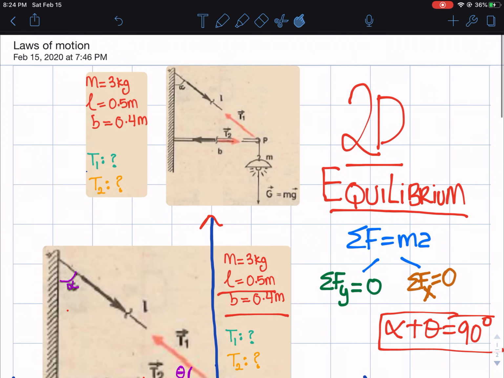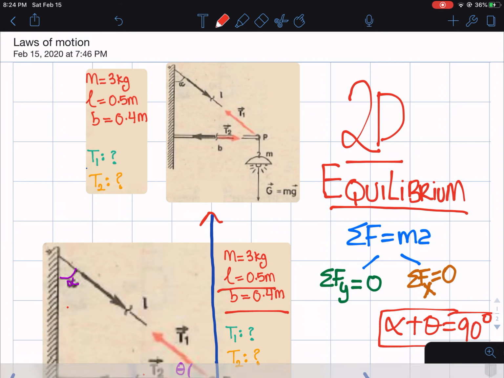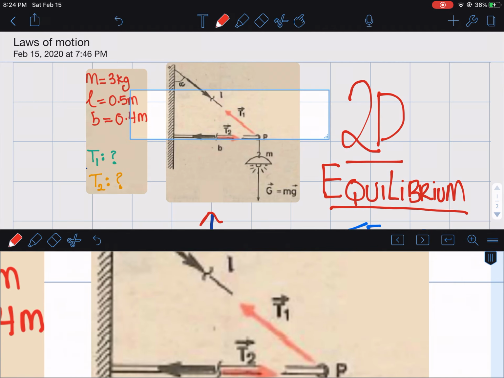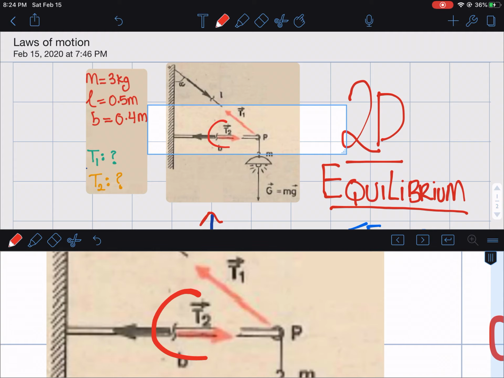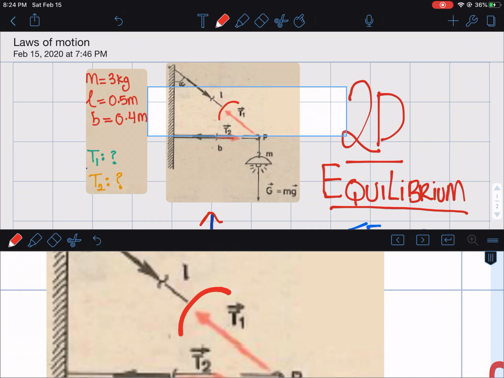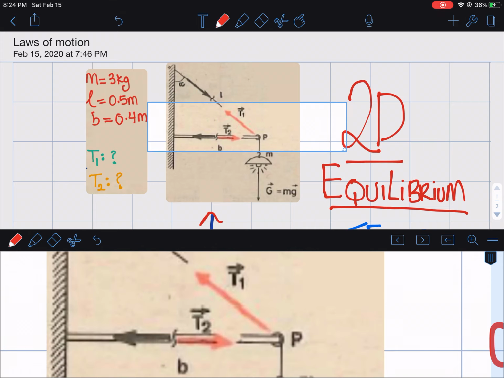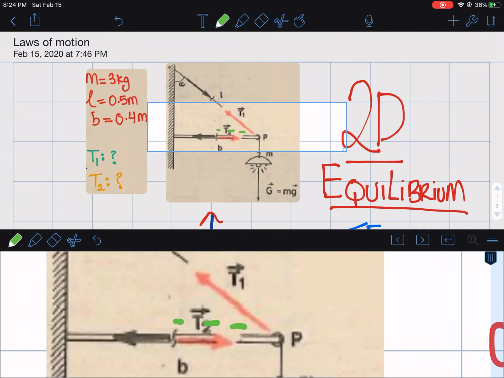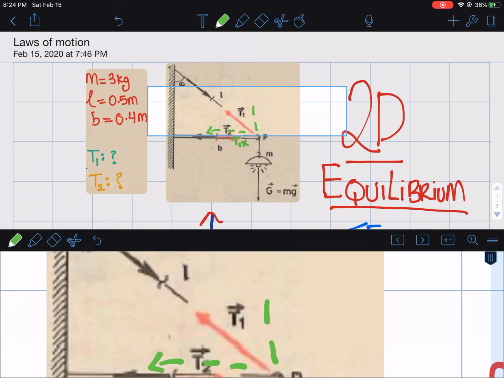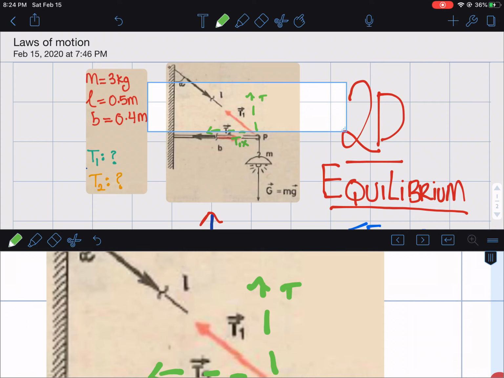If you notice, this T2 is not a vector that needs to be decomposed. However, T1 is. So if you decompose T1, this will be T1x, and this will be T1y.